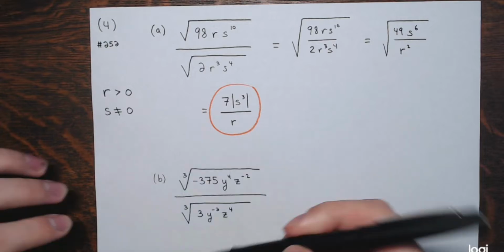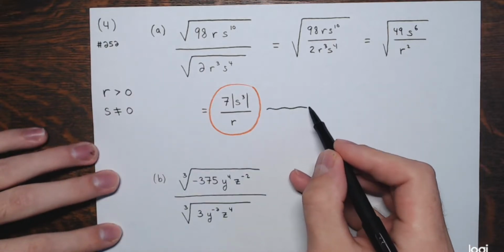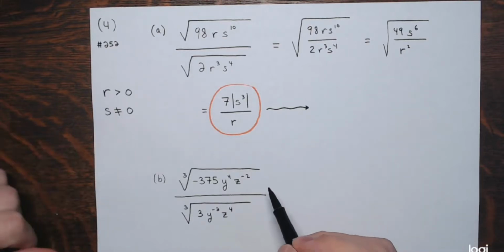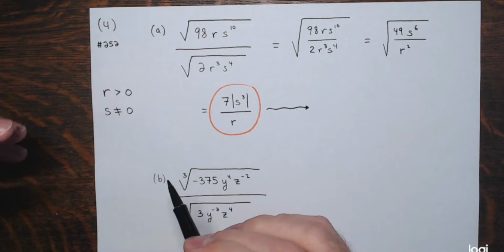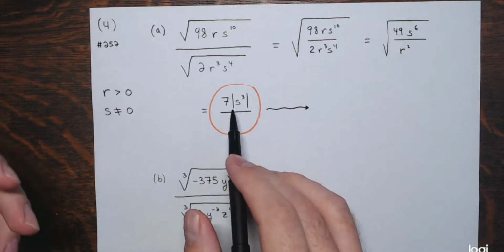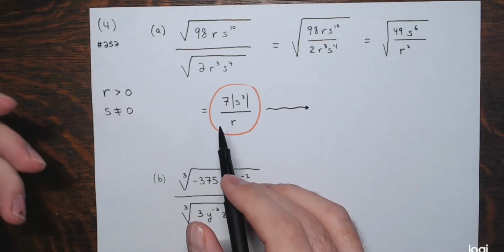Now, very often, and I don't understand why certain textbooks do this, because I think you should have to remember when to use absolute values and when not. But very often, you'll be asked to simplify radicals and not worry about the absolute value symbols for some reason.